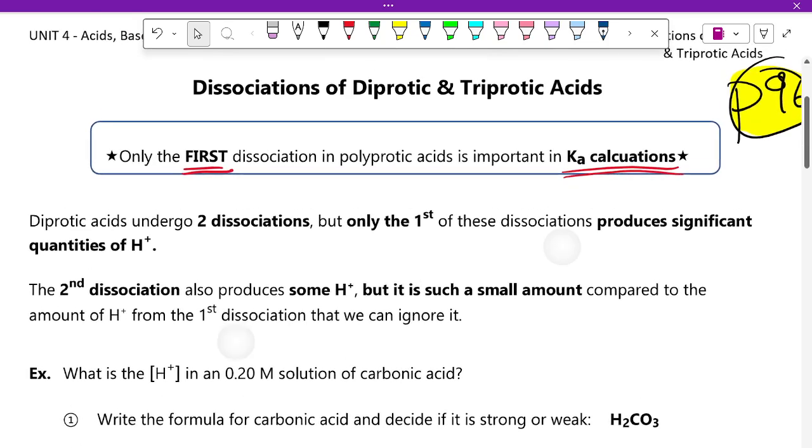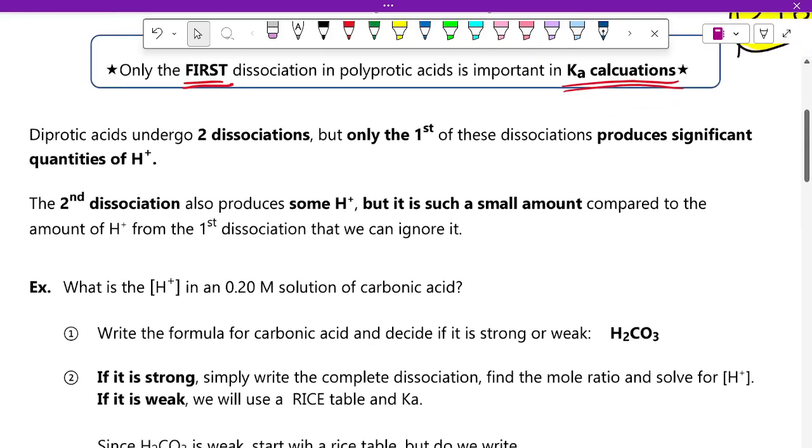Only the first dissociation is important, and that's because the Ka value of the first dissociation is much bigger than the Ka value of the second dissociation. So you get lots and lots of hydrogen from the first one because it ionizes a lot, and then the second one produces such a small amount in comparison that you can just ignore it.